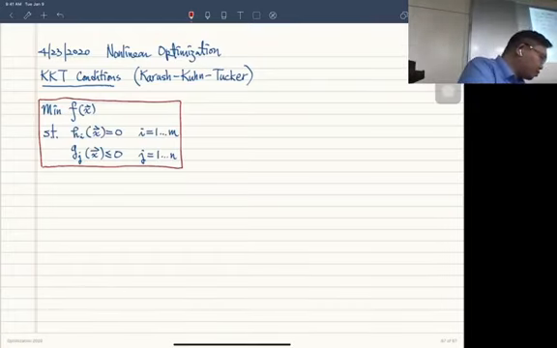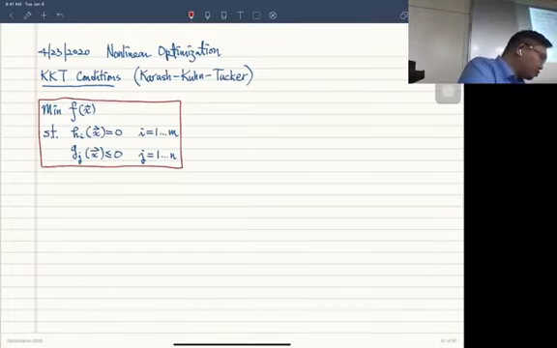Let's say we find d. What is d? Basically, a movement from the current point to a new point. If we find a d that satisfies, let me call this equation 1 and this equation 2.